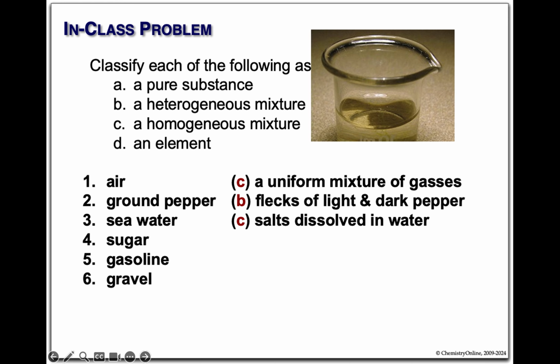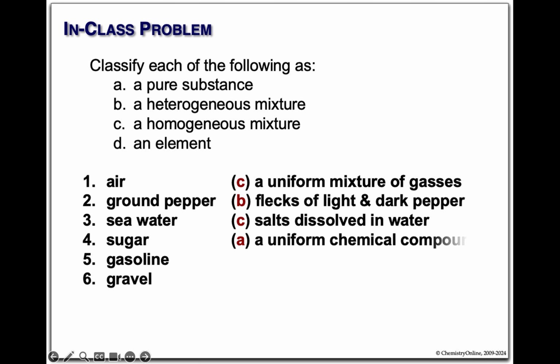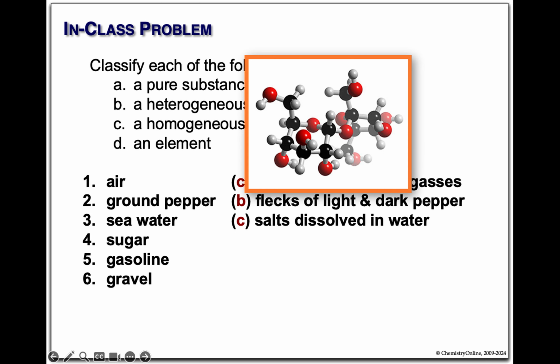Sugar. What is sugar? Well, sugar looks like this. Oops. Hang on. Like this. This is a molecular model. Now on Wednesday, we're going to make a molecular model in lab. Each of these colored balls represent a different atom.